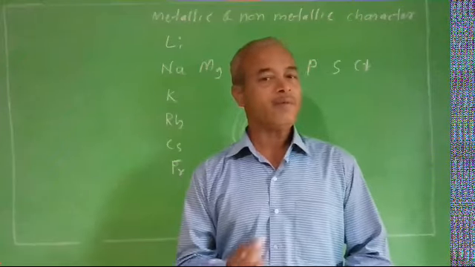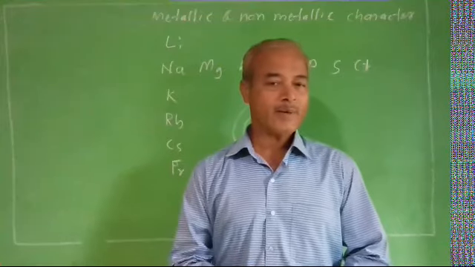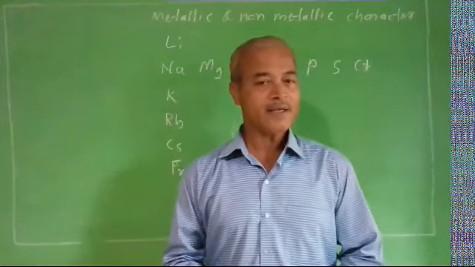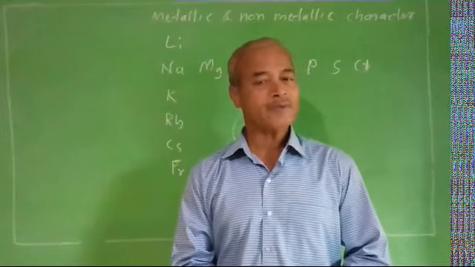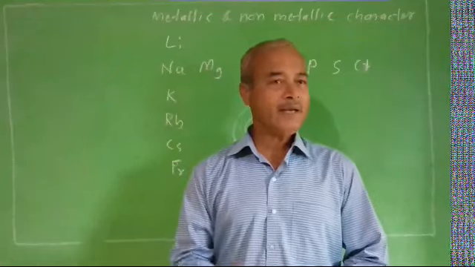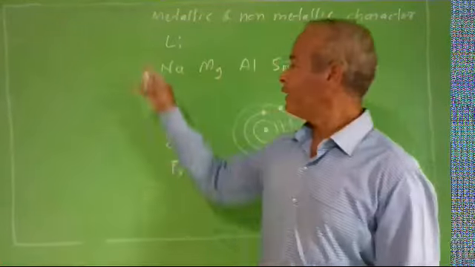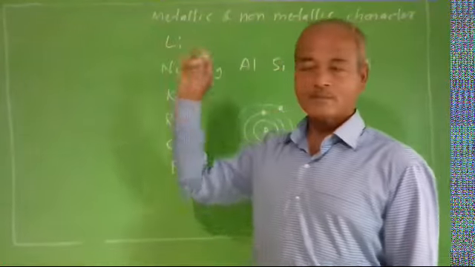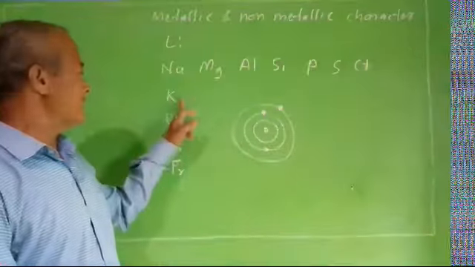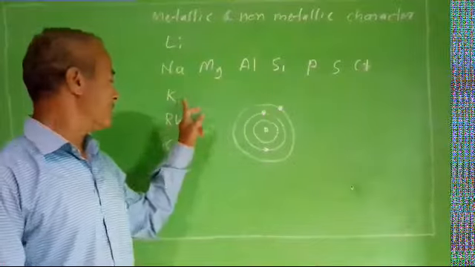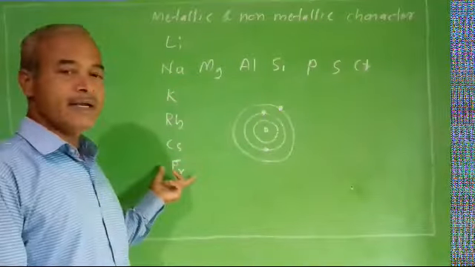The effective nuclear charge exerting force of attraction on the electron decreases, the electrons can be easily lost, and because of this the metallic character in the group increases. So in the group, lithium is least metallic, sodium is more metallic, potassium is still more metallic, rubidium is again more metallic. So metallic character goes on increasing.